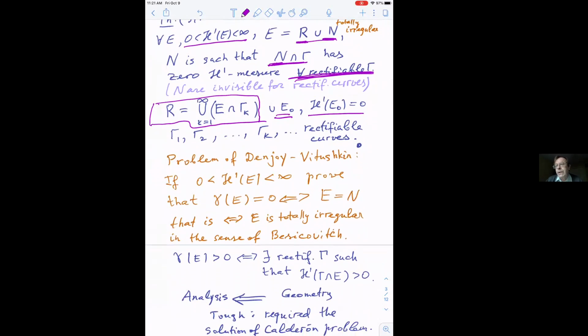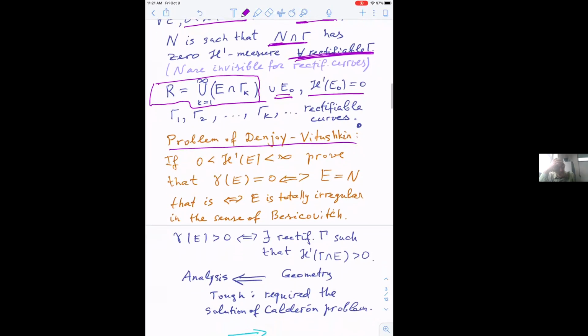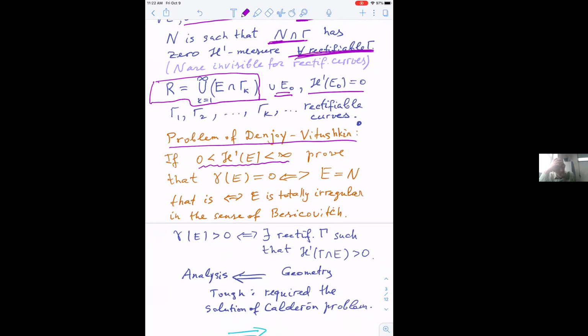And now I think we can formulate the problem of Denjoy-Vitushkin. If we are in this regime, that H1 is positive and finite, then hey, it's a good hypothesis because it satisfies both pieces of the puzzle which we know at this time. Then the set is removable if and only if it's totally irregular in the sense of Besicovitch.